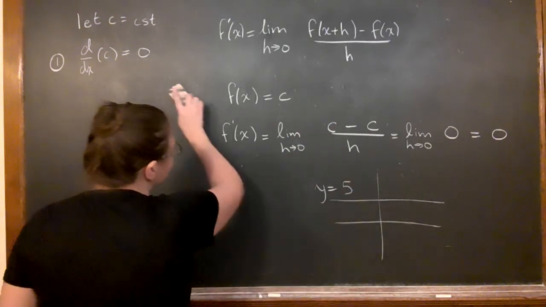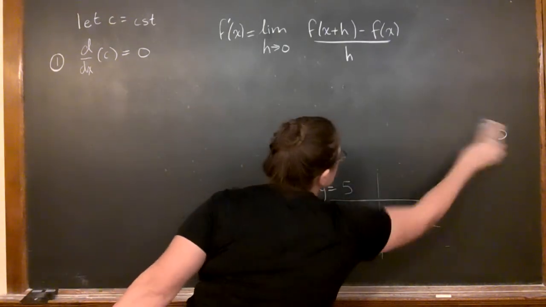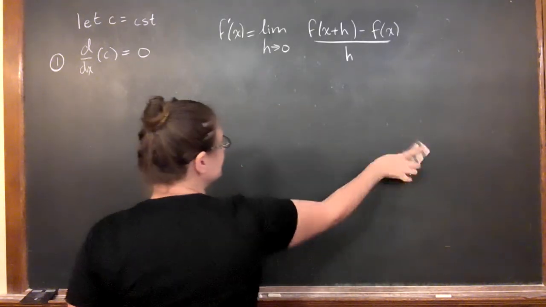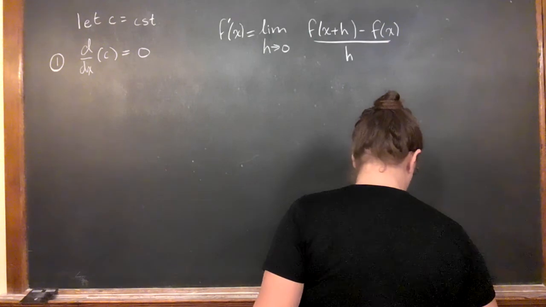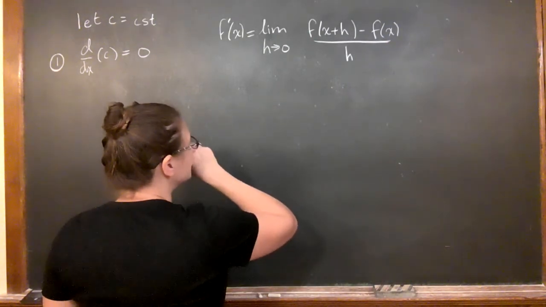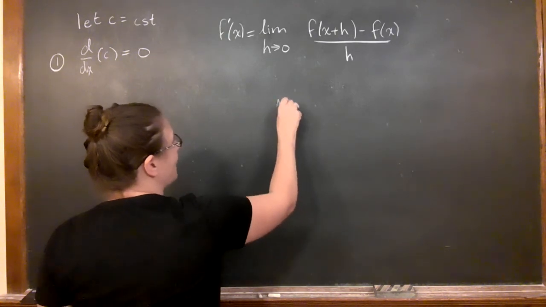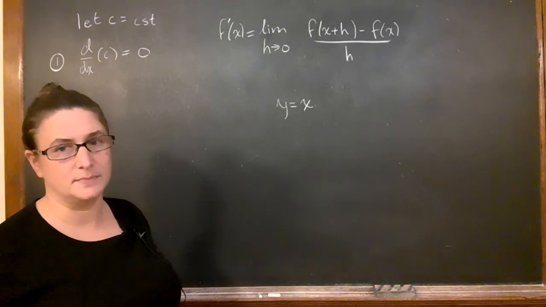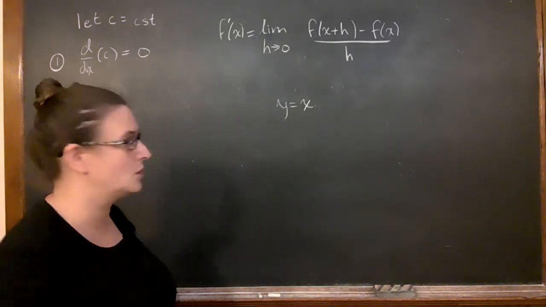Now, what we did see also a couple of times, we saw a couple of different things. If I have, for example, the line y equals x, obviously the derivative is going to be 1, because it's a line of slope 1.